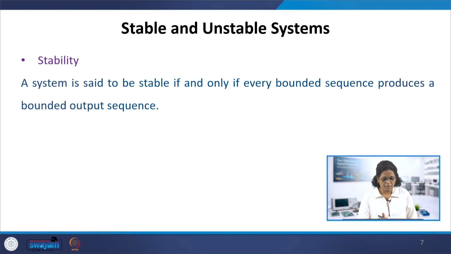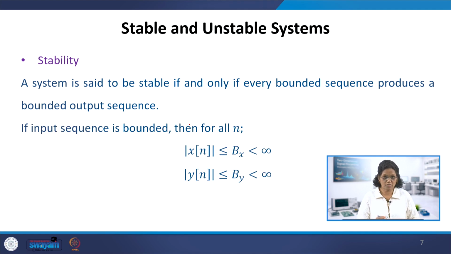One is that if the system is given a bounded input, it produces a bounded output. That means the input should be finite, not growing to infinity, and the output should also not grow or go to infinity. So a bounded input resulting in a bounded output is called BIBO stability, external stability.